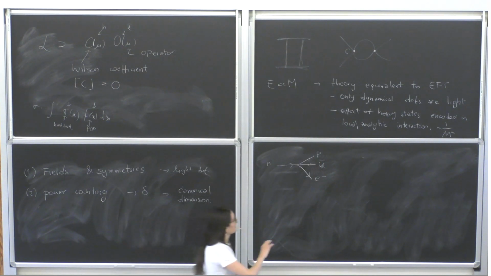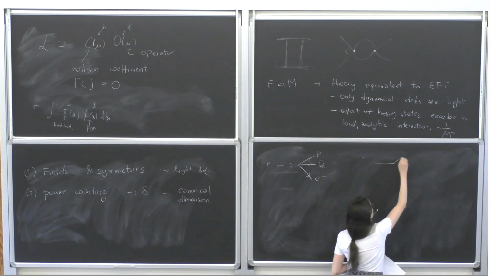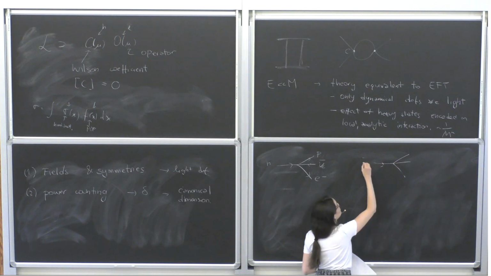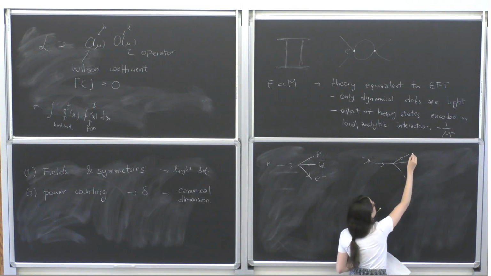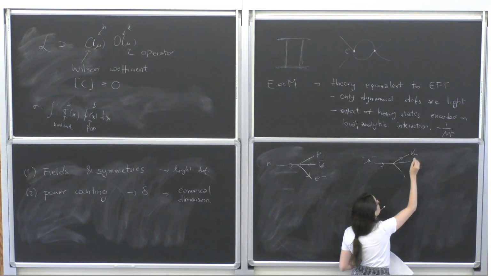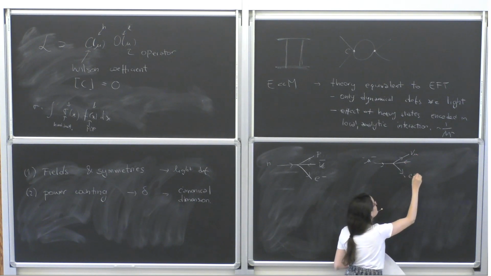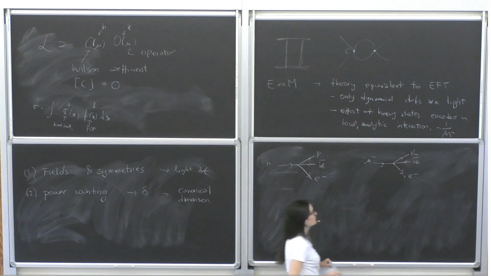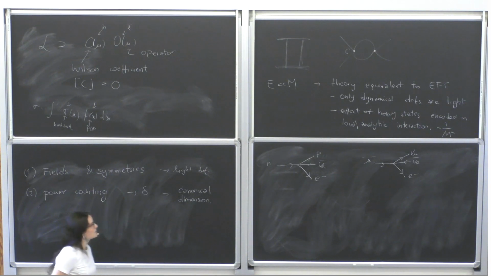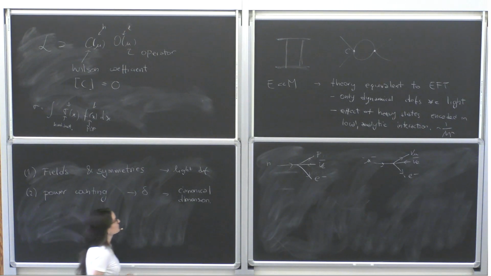You can have exactly the same graph for something much easier, which is you have a muon that goes to a neutrino, and then again, right? So it's exactly the same shape of the decay.